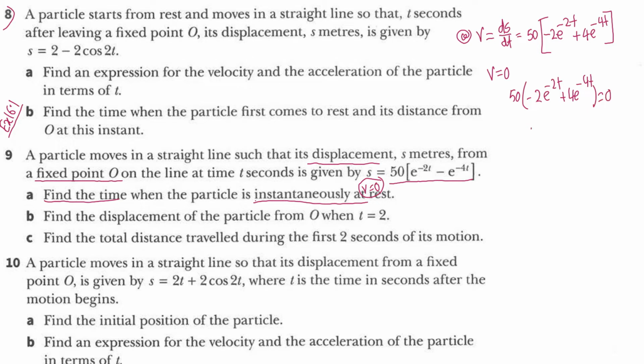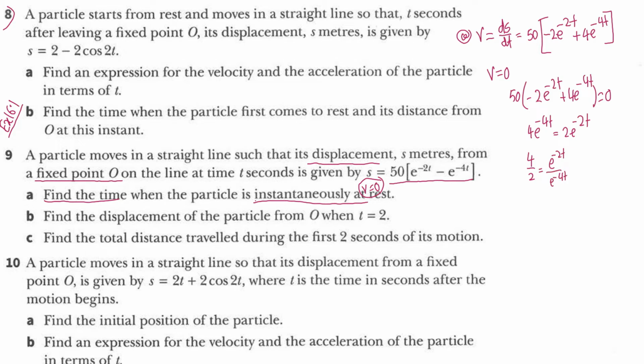Then from there you can write directly 4 e to the power minus 4t equals 2 e to the power minus 2t. Now 4 by 2 equals e to the power minus 2t divided by e to the power minus 4t.